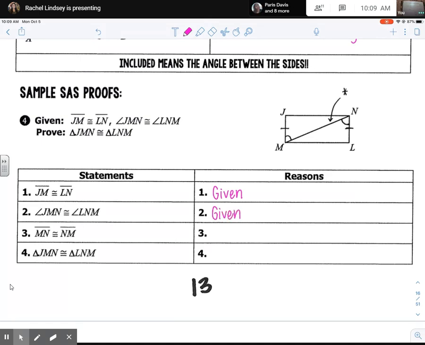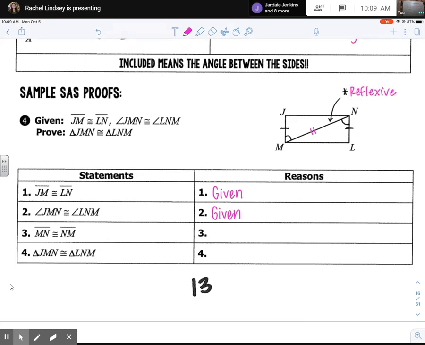So, now I can mark something else. What can I mark? Two sides are touching. I can mark them as congruent, right? So side MN is touching side NM because those are reflexive sides.